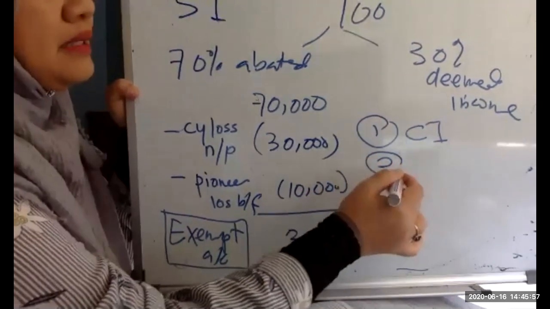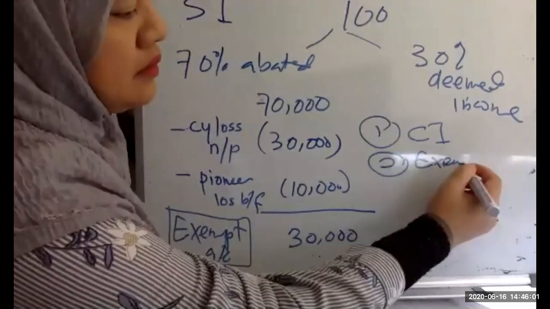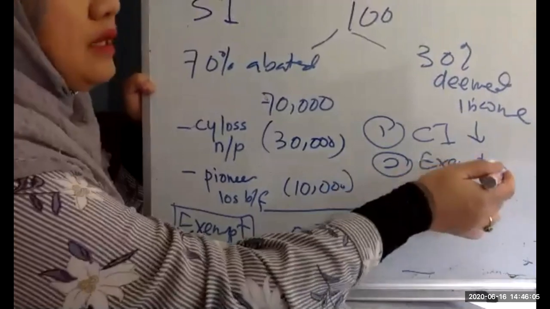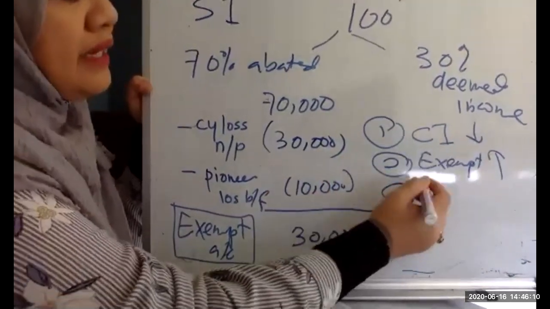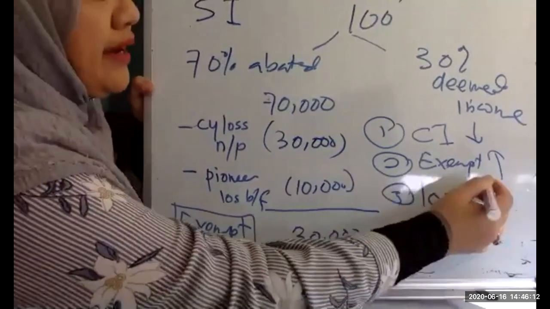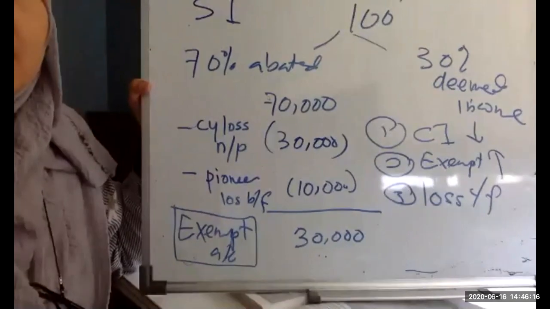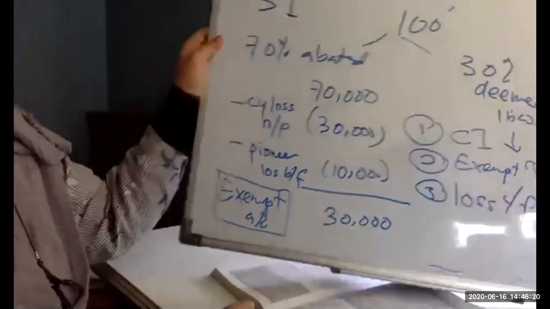Number 2, how much is your exempt income? You want to have lower chargeable income. You want to have a higher exempt income. And number 3, is there any losses that you can carry forward? Of course, if you have loss carry forward, it means that you can use the loss to set off against your future income.